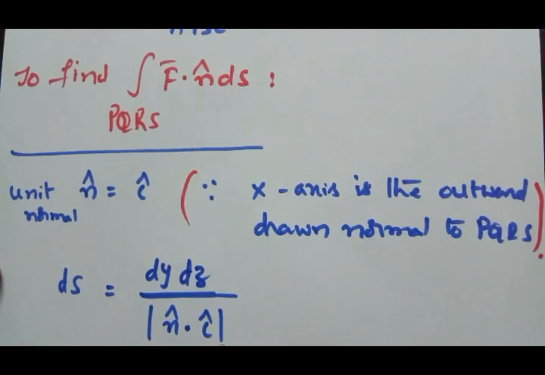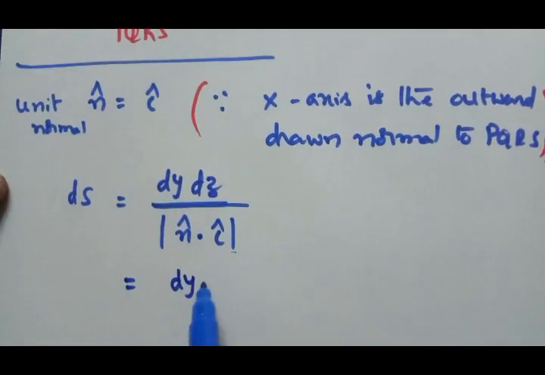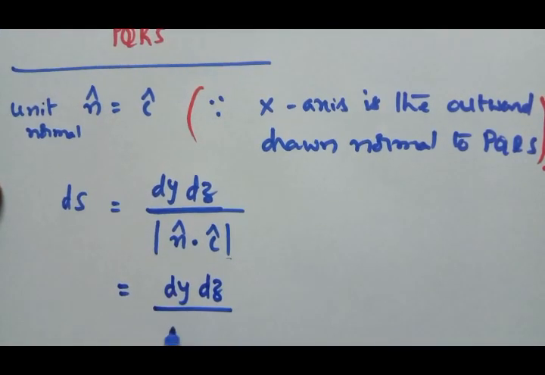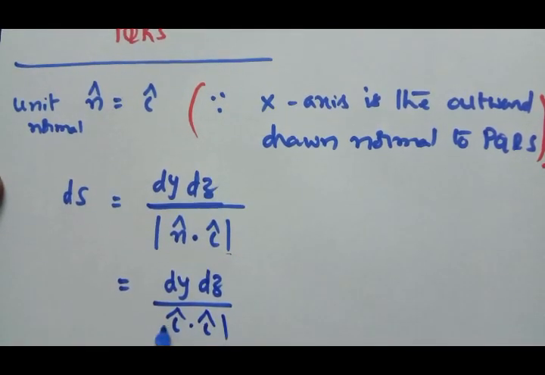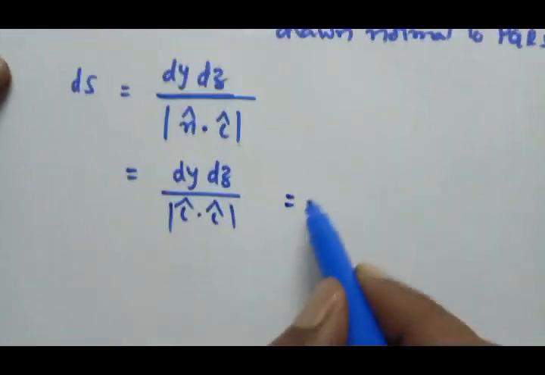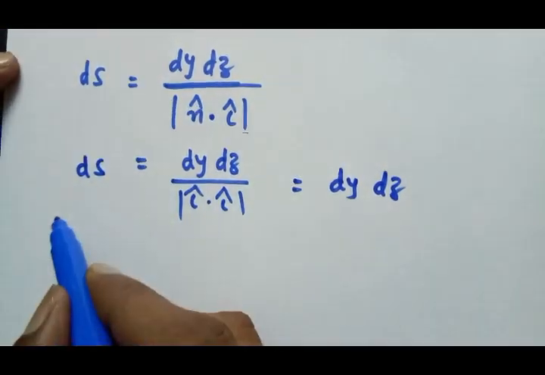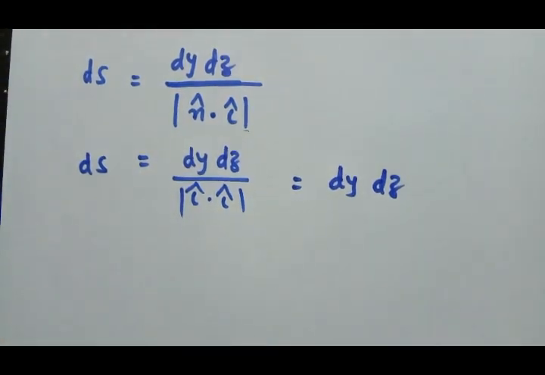Therefore ds is equal to dy dz, since i cap dot i cap, with n cap equal to i cap, is equal to 1. Therefore ds is equal to dy dz.